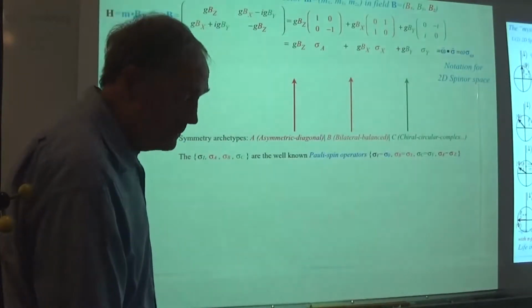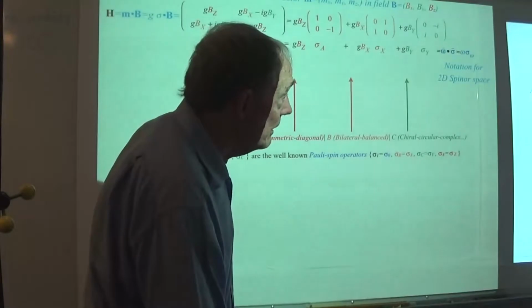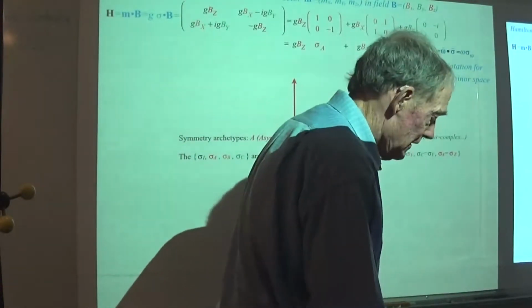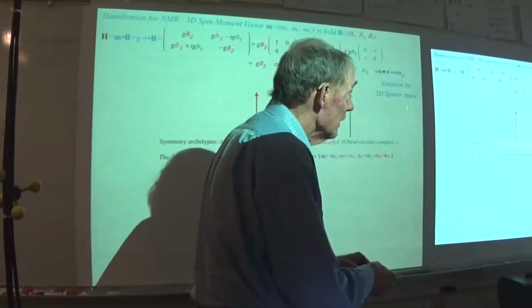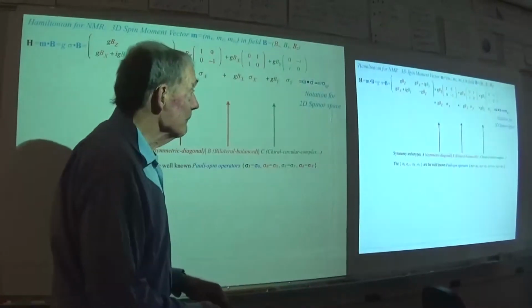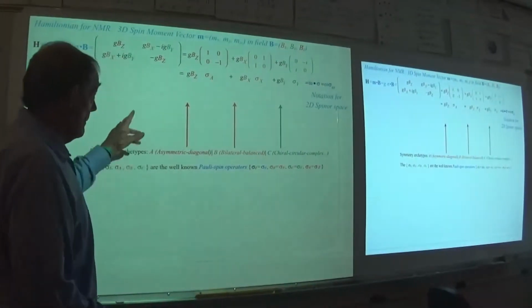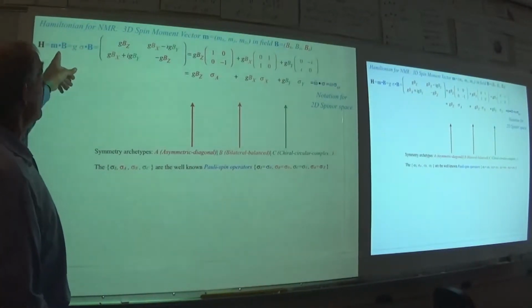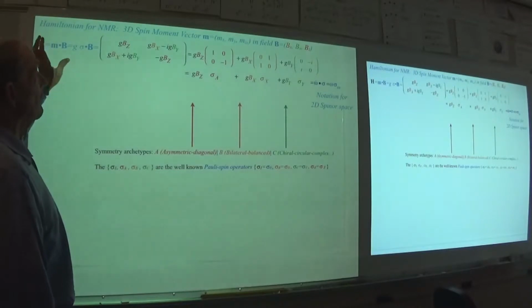Now, let me go ahead and make some physics here and maybe even actually show you a precessing spin due to a C-type Hamiltonian. But here is a very simple Hamiltonian for a quantum system.